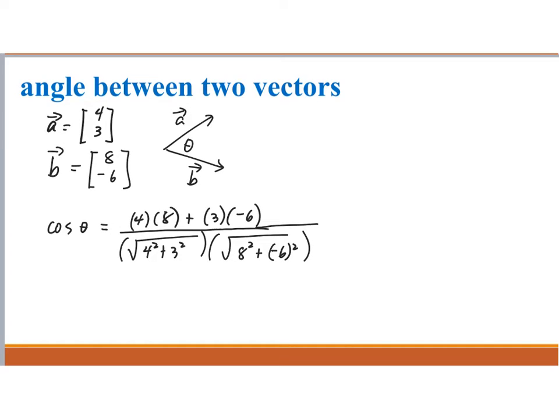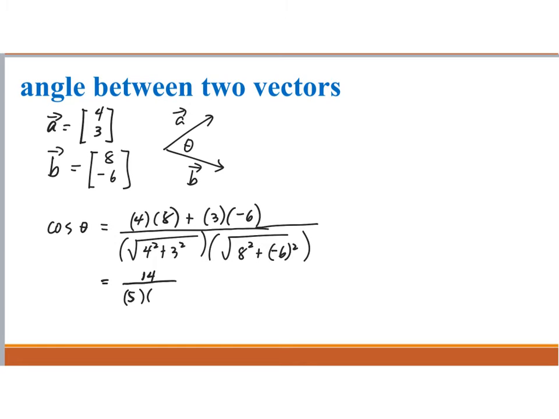All right, let's simplify. That would be 32 minus 18. So the numerator there is 14. We have at the denominator 4 squared, so that's 16 plus 9, 25, square root is 5.